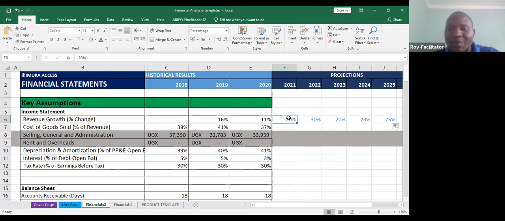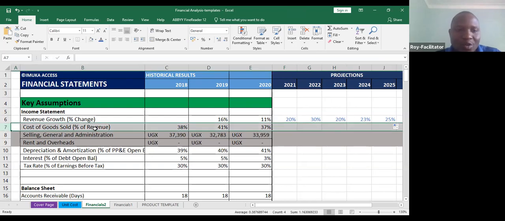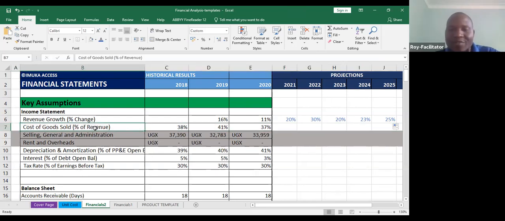Now, since my revenue is increasing here, I'll say, in the past, my cost of goods sold has been increasing. As you can see, this is cost of goods sold as a percentage of revenue. So based on the information I have input, since this is the pattern I've been seeing in the past, I'm just going to do an average of the previous years.